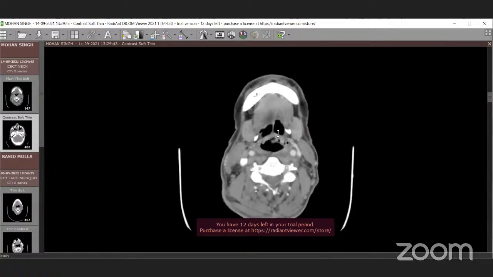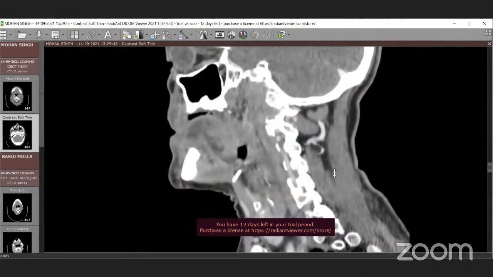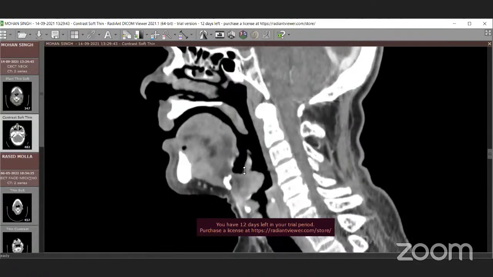So the air structure in between these two is the vallecula, better appreciated on a sagittal image. This is the posterior margin of the tongue. This is the anterior margin of the epiglottis, and the air space in between is the vallecula.